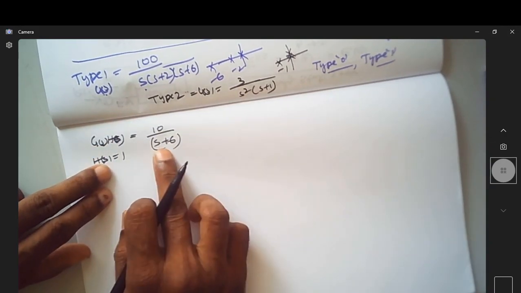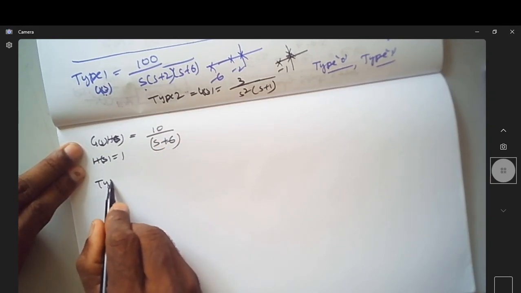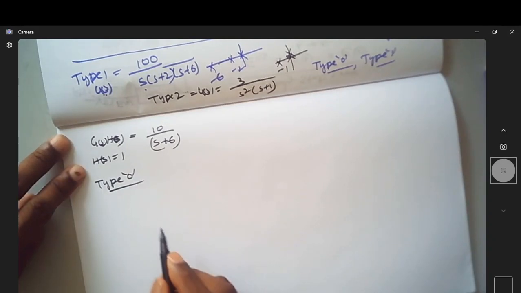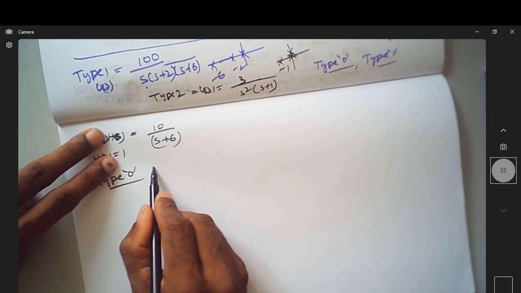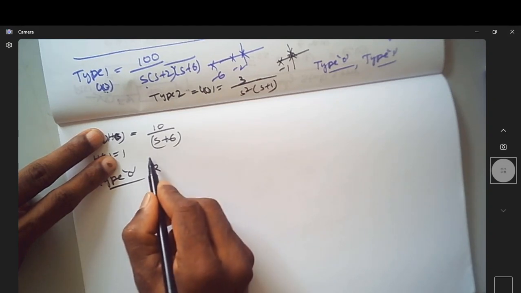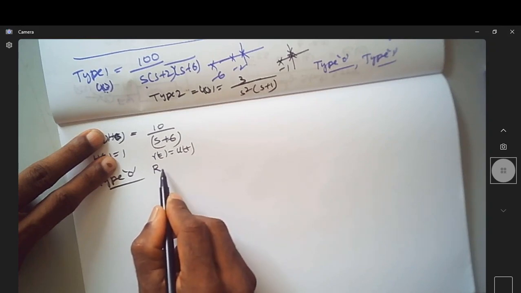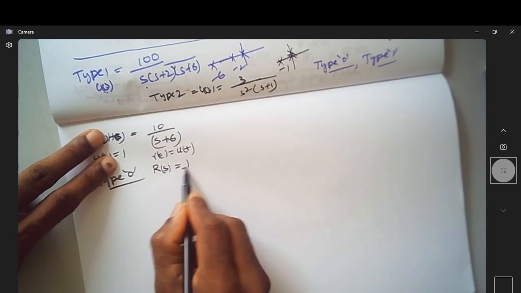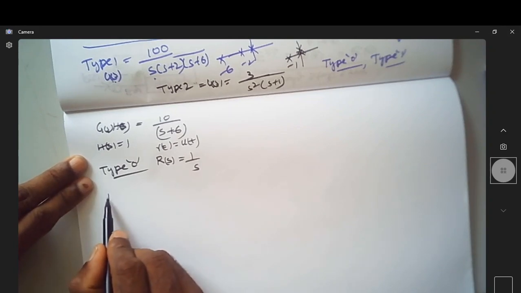What is the type number now? Type number is 0. For this, let us take input r of t as a unit step function, where R(s) will become 1 over s. Let us try to find what is ESS for this.